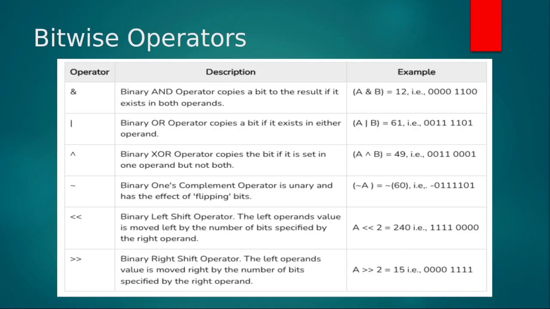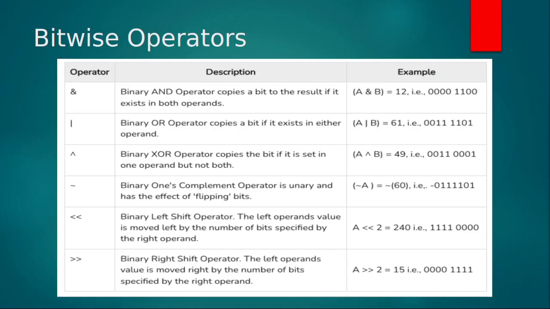Then there are the left shift operator and the right shift operator. The left shift operator moves the bits leftwards and introduces 0 at the rightmost end. When a 1 gets to the end, that 1 gets popped off and 0 gets inserted.